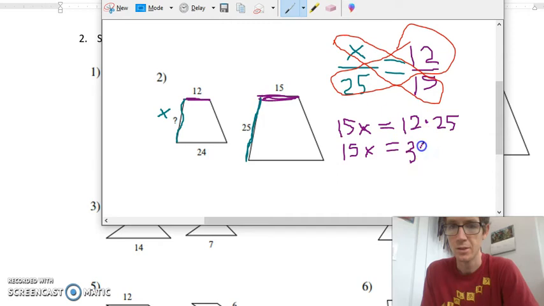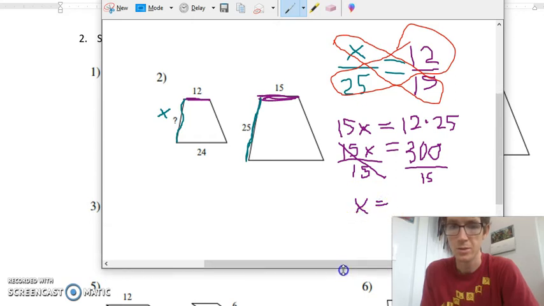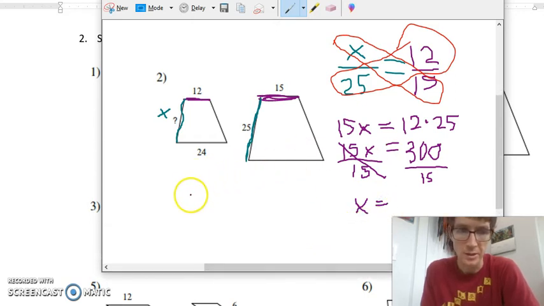If you have 12 quarters, you'll have $3. Then we just have to divide both sides by 15. So it cancels over here. So x will be... I can't do that in my head, so I'm actually going to need to do the long division over here.